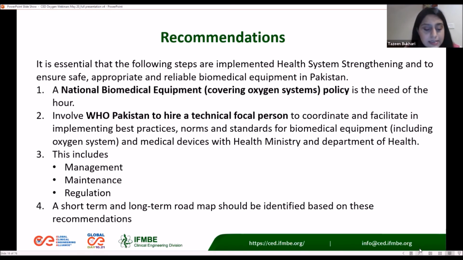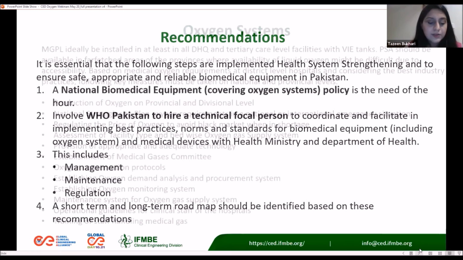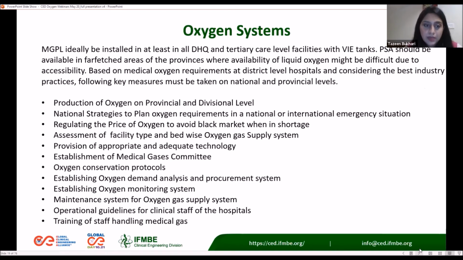In terms of oxygen systems, medical gas pipelines should be installed in all the DHQs and THQs. PSA facilities should be available for far-flung areas.